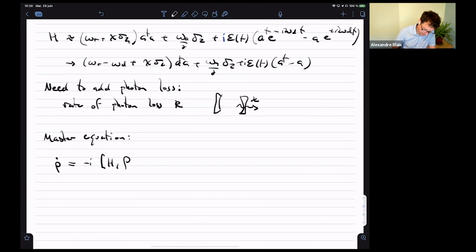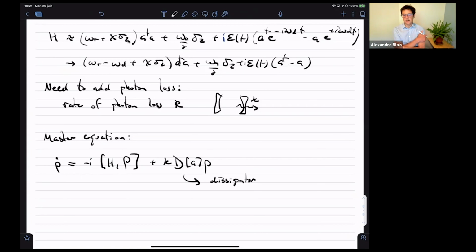So the first term of the master equation is very familiar. This is exactly Schrodinger equation, but now written for the density matrix. The new bit is what we know as a dissipator, and that's something which describes losses.